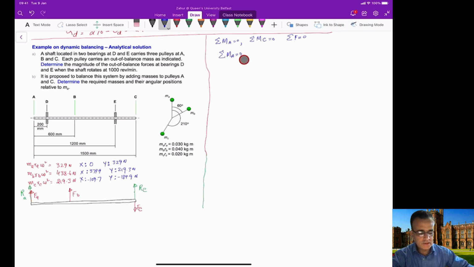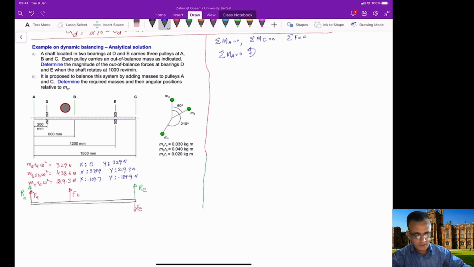If we use this condition here, again we can assume that positive moments are in the counterclockwise direction. The location A is here. If you take moments from A, because we add these two additional forces at A and C, the reactions at D and E will disappear because the system will be in total dynamic balancing.